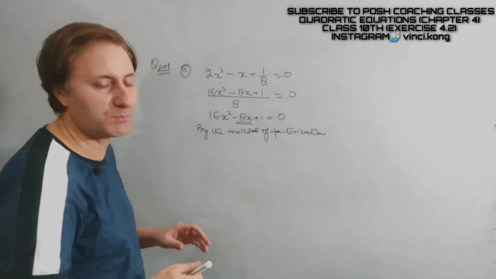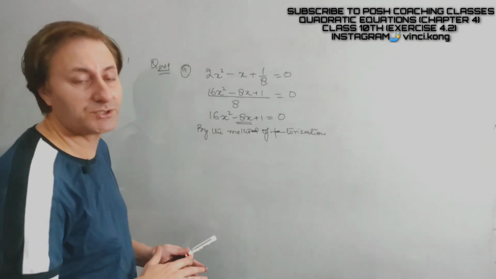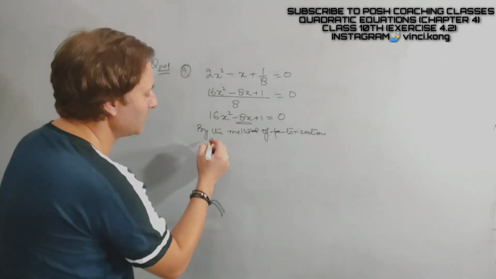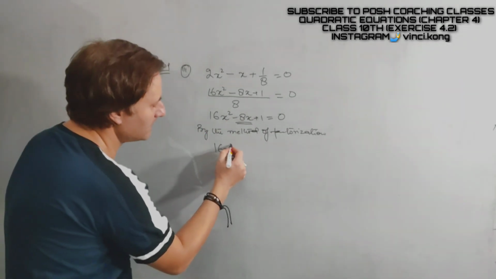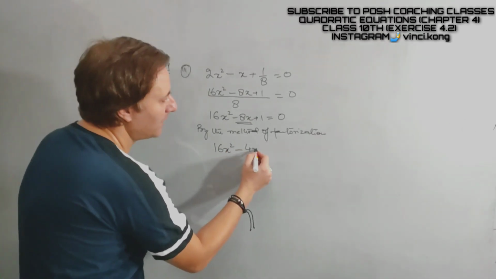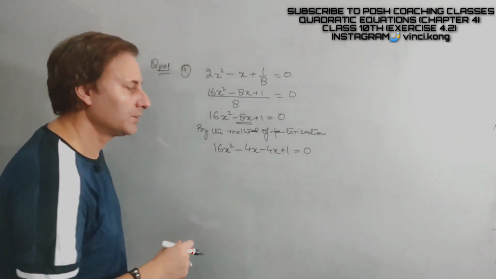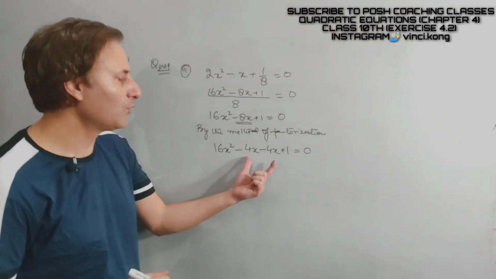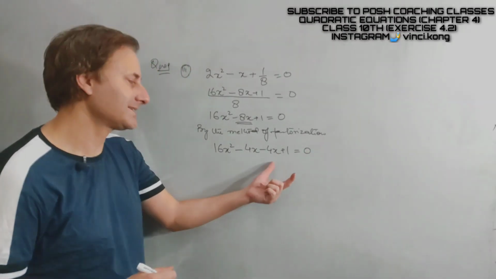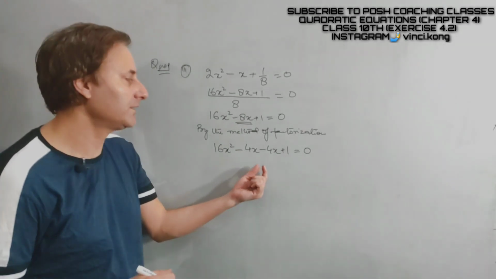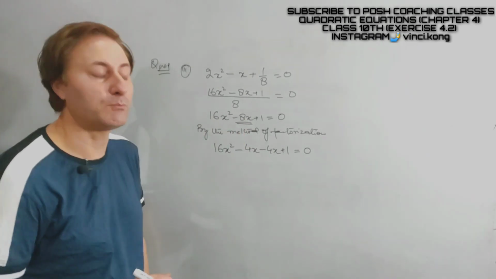The product should be 16 and the sum has to be 8, that too minus 8. So now I'll write 16x squared minus 4x minus 4x plus 1 is equal to 0. If you see clearly, 4 multiplied by 4 is 16. Then both the terms are negative, so they have to be added, and we will get minus 8.